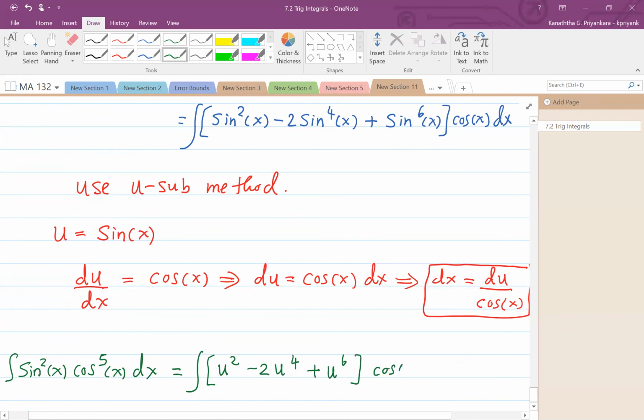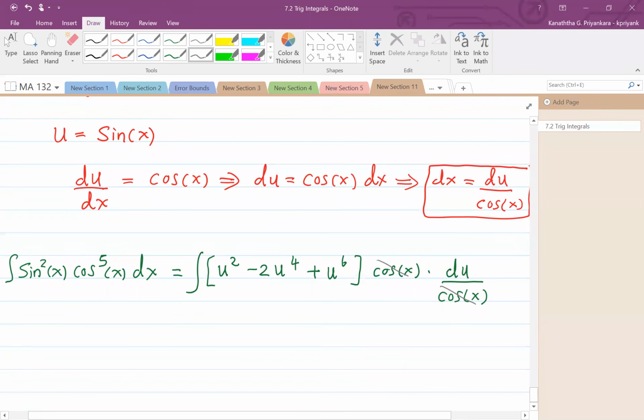So we have cosine x times, so I'm going to replace this dx by du over cosine x. Then I can cancel out cosine x from the numerator and the denominator. Then we get the integral of u squared minus 2u to the power 4 plus u to the power 6 du.